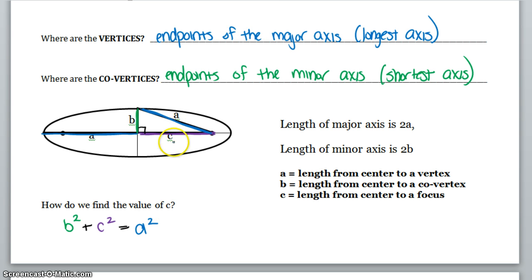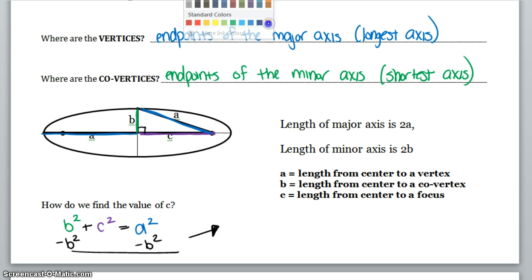If I wanted to be able to solve for c, that would just require me to subtract the b squared. I then would have c squared equal to a squared minus b squared.